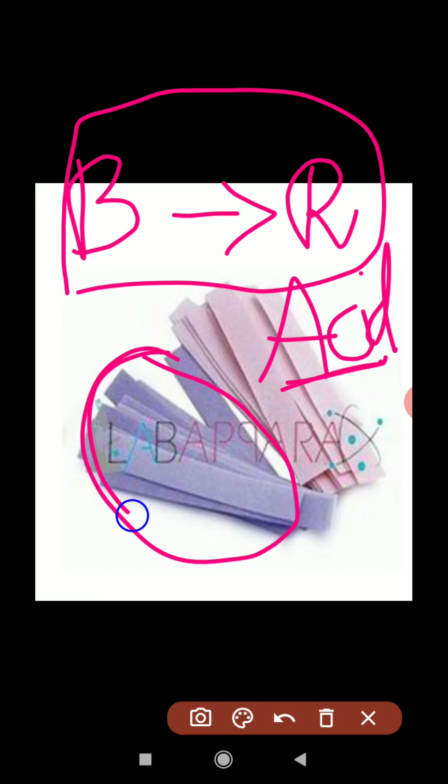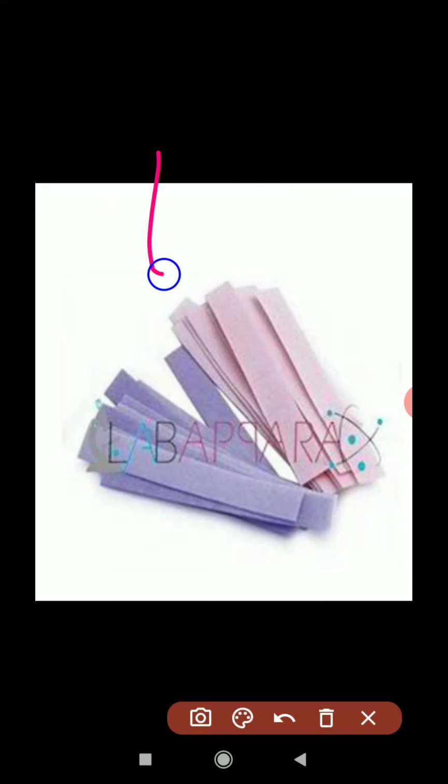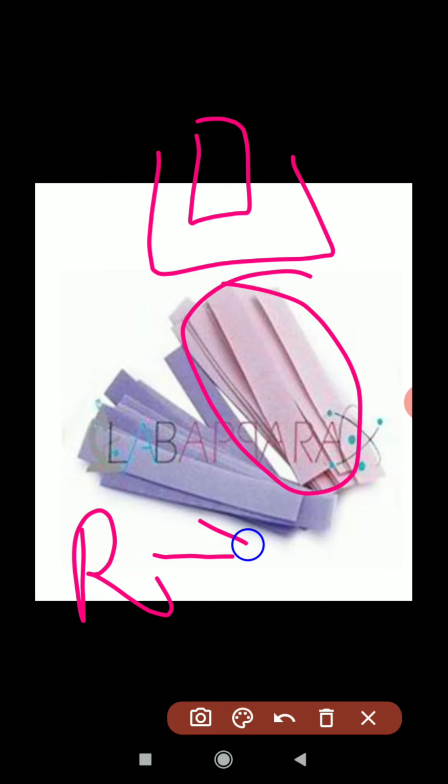It's a very important one. When blue litmus turns to red color, then the given solution is an acidic one. Suppose I take another beaker and dip a red litmus paper, and if this red litmus paper turns into blue color, then I can say that the solution present in it is basic.